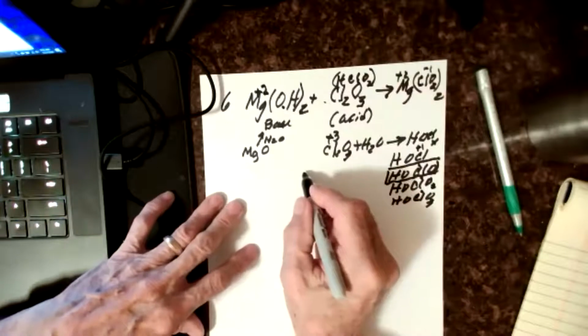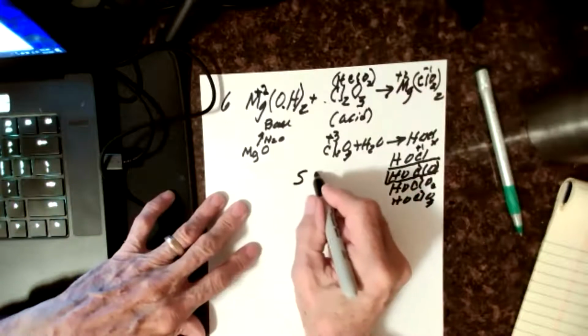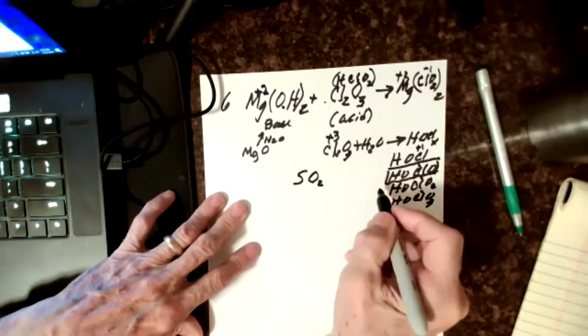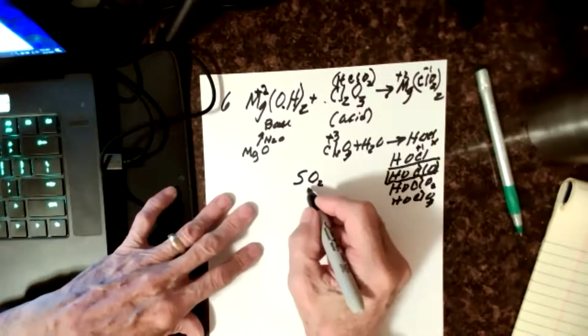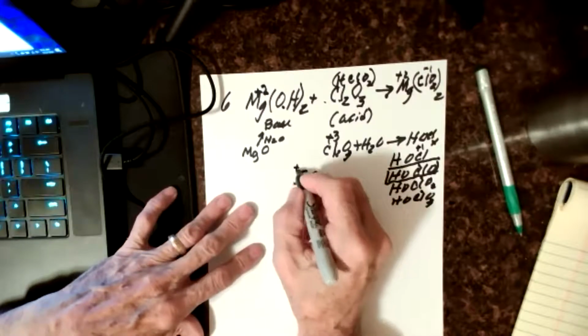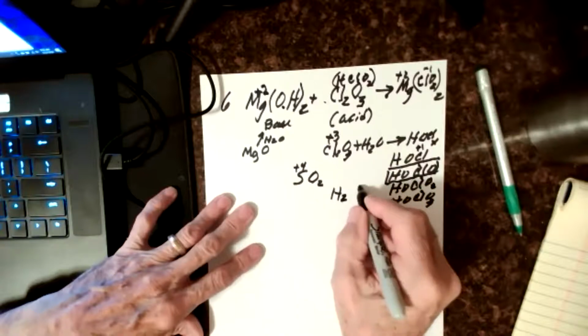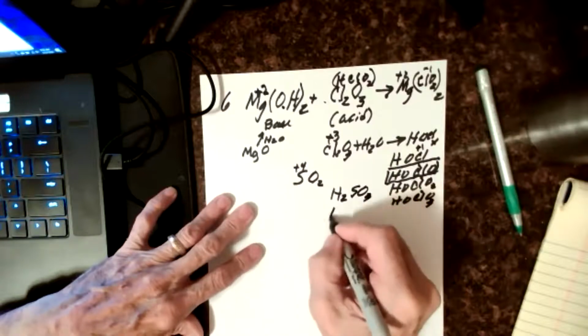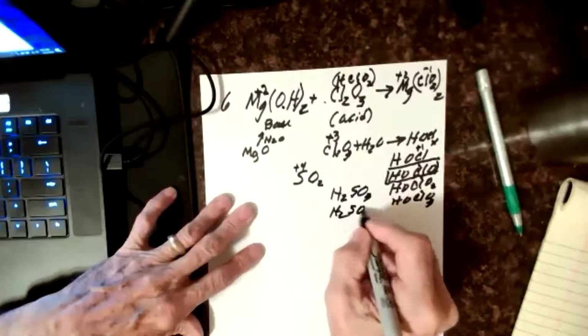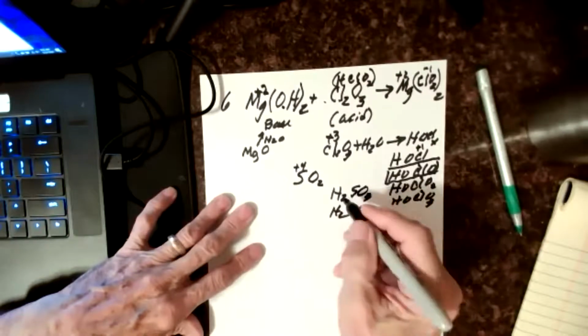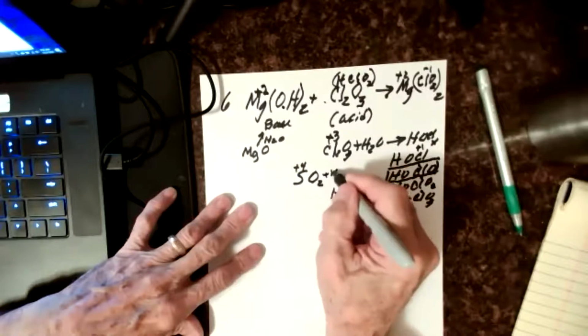Let's say I did a different example. Suppose I had SO2 and I put this into water. Well, this is +4. So I'm going to make either H2SO3 or H2SO4. How do I know which one I'll make when I put this into water?